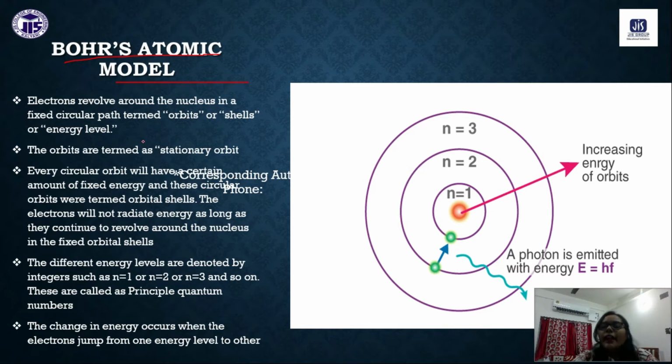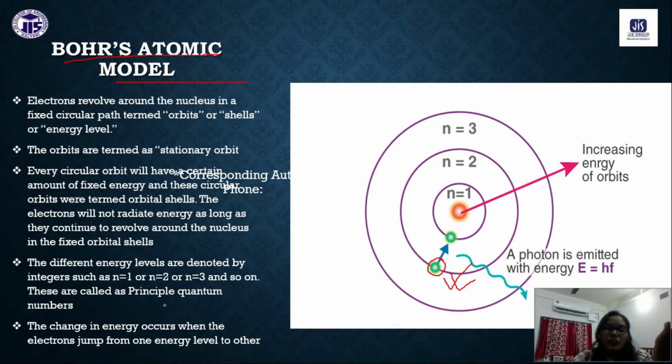According to Bohr's atomic model, the electrons are revolving in definite orbitals, a definite track. All the electrons revolving around the nucleus do so on a definite track, and they have a specific angular momentum, that is mvr equals nh by 2 pi.